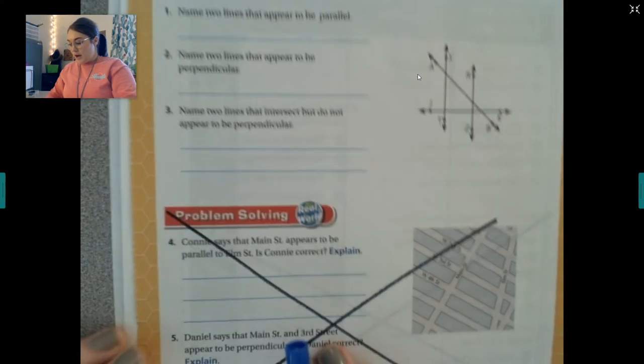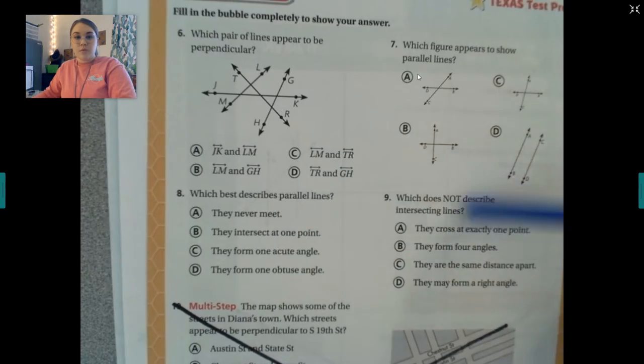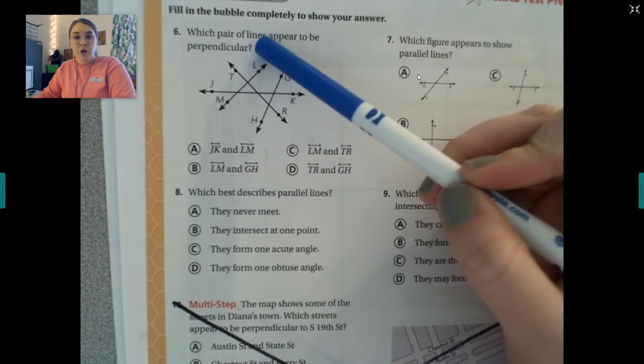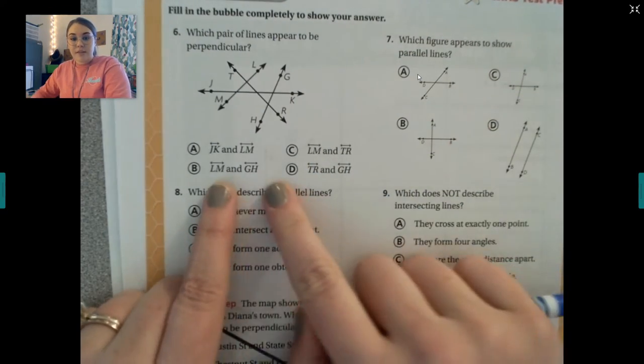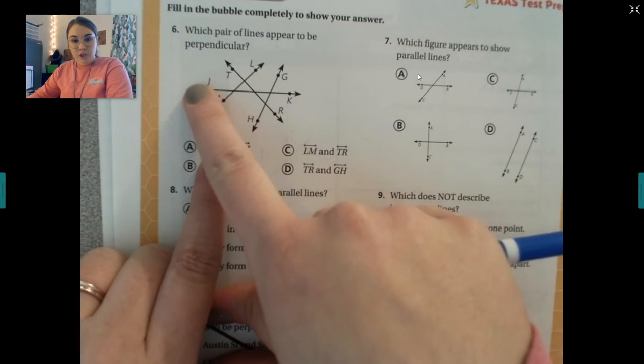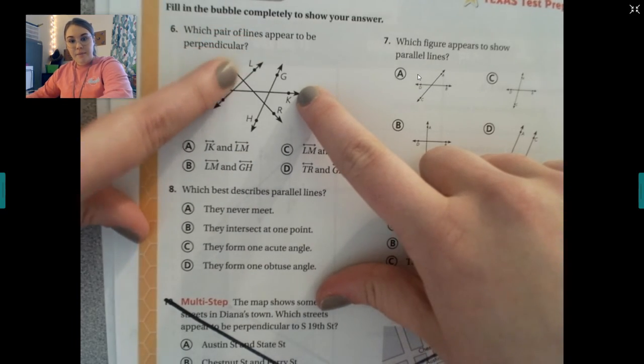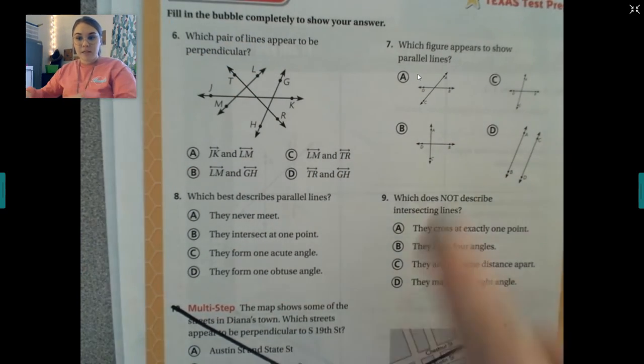Then you're not going to do anything on the back, and you're not going to do anything on the bottom, but you're going to do these 4. You're going to tell me which ones look perpendicular. They label them JK. So you would look at line JK and line LM. Do they look perpendicular?